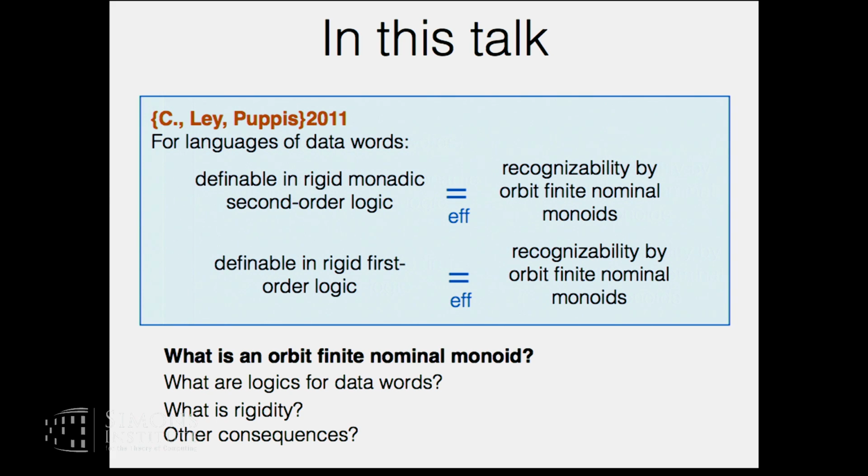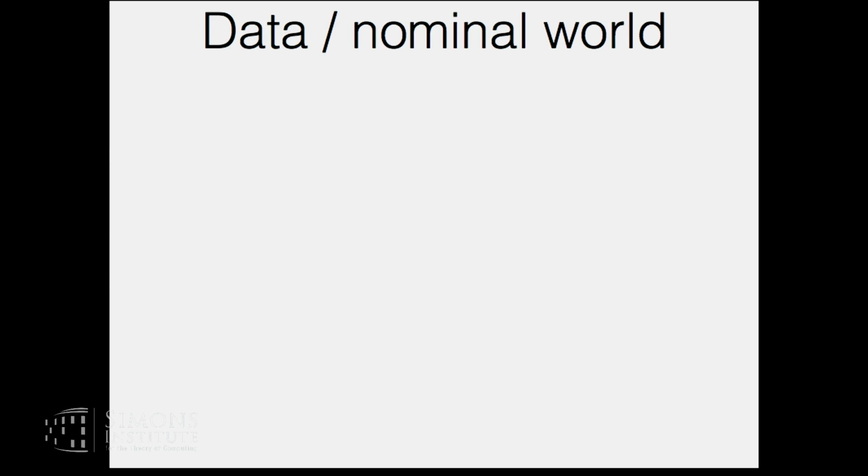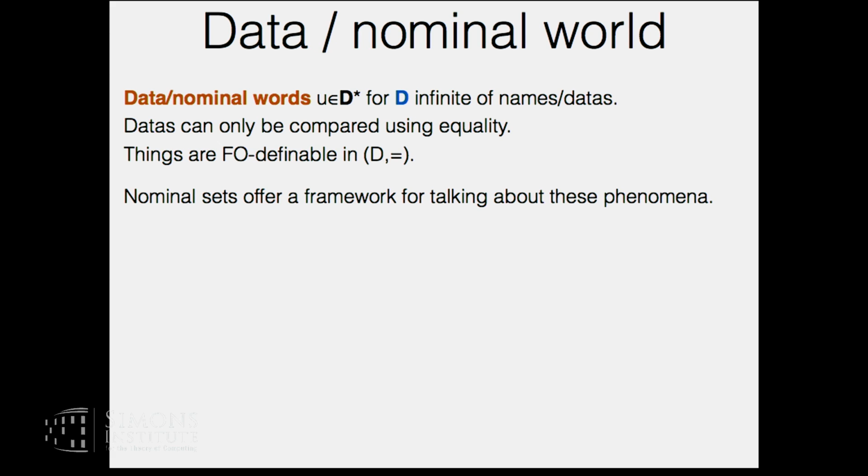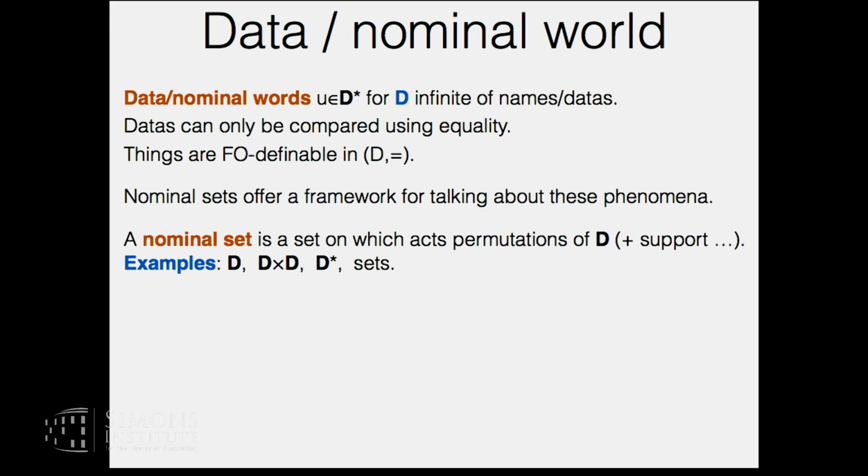So first question, what are orbit finite nominal monoids? Well, we've seen so many things during this workshop. I think there is no problem, but I will just recap some things. We have this set D of data that we can only compare with respect to equality. And we work with these nominal sets, so we have the permutations of these data that act on all the sets I will be talking about.